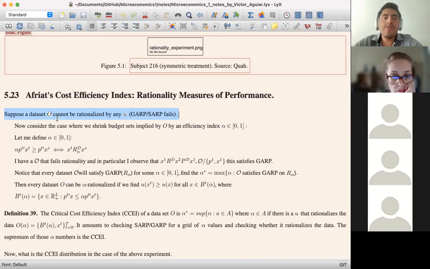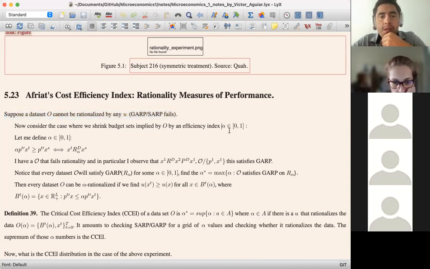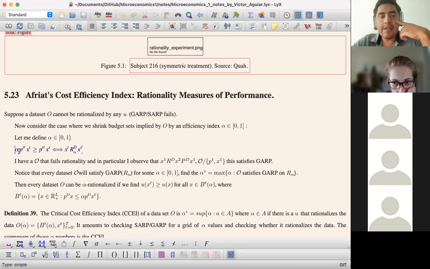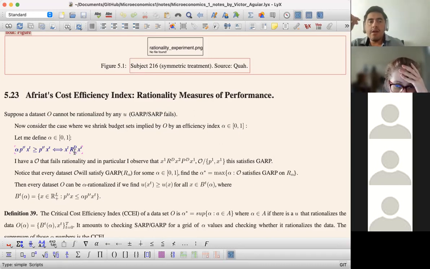The people in revealed preference invented the following notion. Consider a number alpha between 0 and 1. Now I'm going to define a modified revealed preference relation that says xt is revealed preferred to xs to the alpha degree whenever alpha times ptxt is greater than or equal to ptxs.